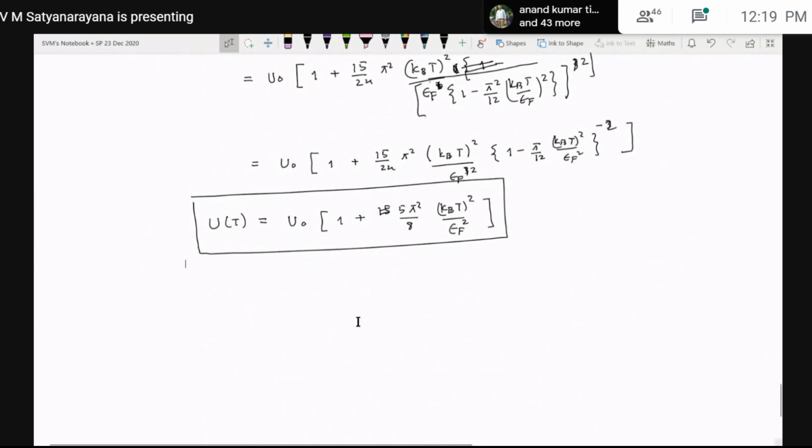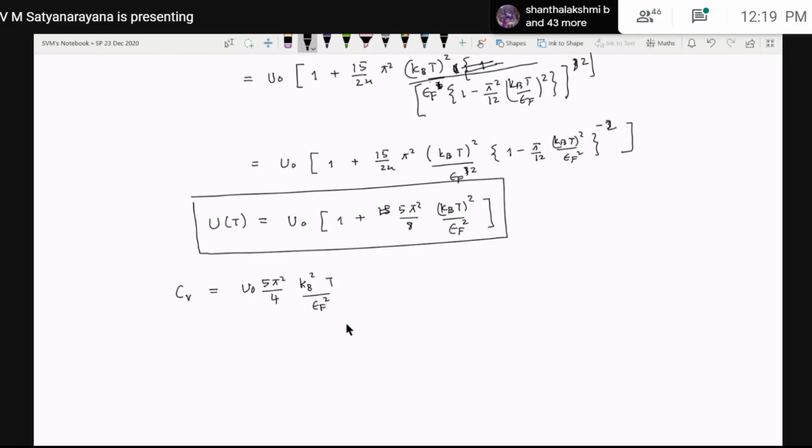So this is our u of T, and we are just one click away from this C_V. C_V is essentially 5 pi square by 4 into u naught, 5 pi square by 4 into k_B square into T by epsilon f square.